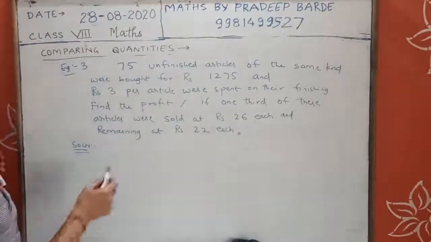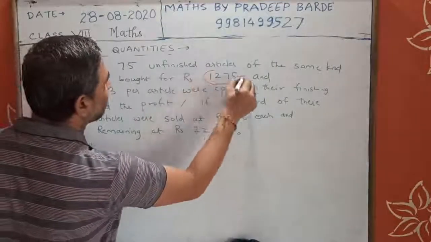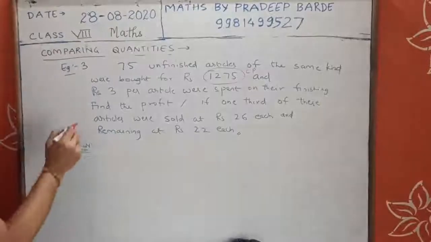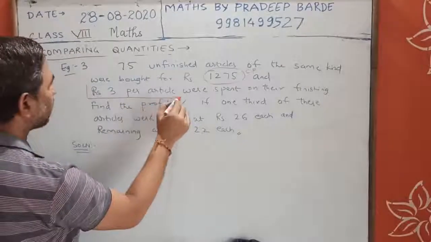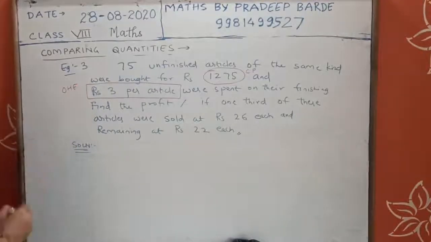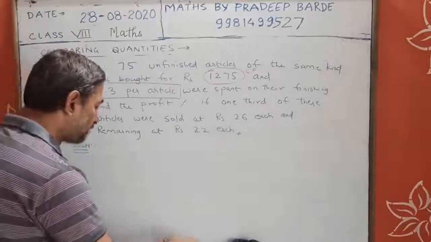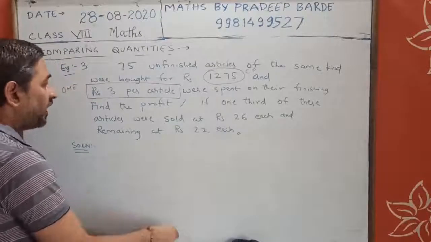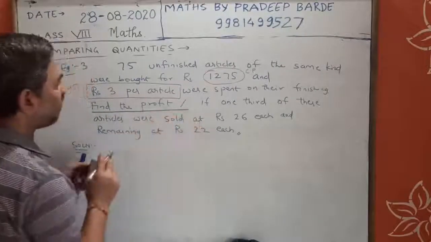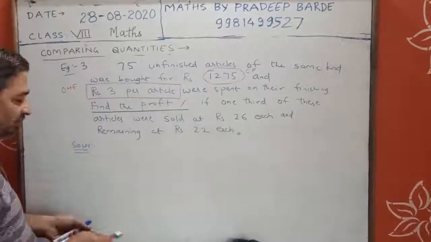This is cost price of 75 articles. Rupees 3 per article, this is your overhead expenses. You have to find profit percent. ये find करना है.